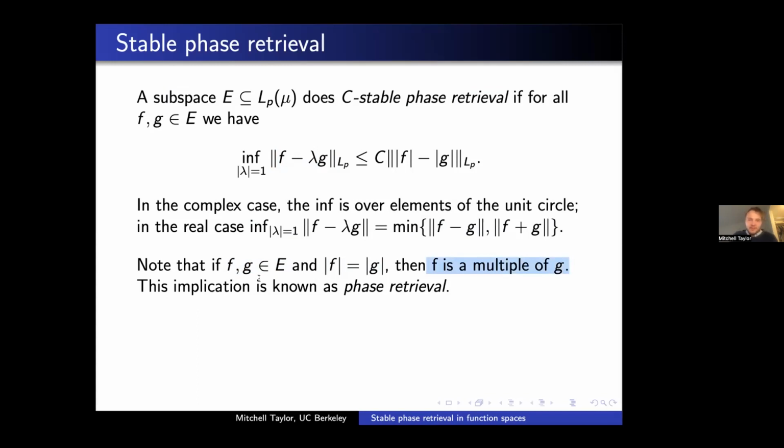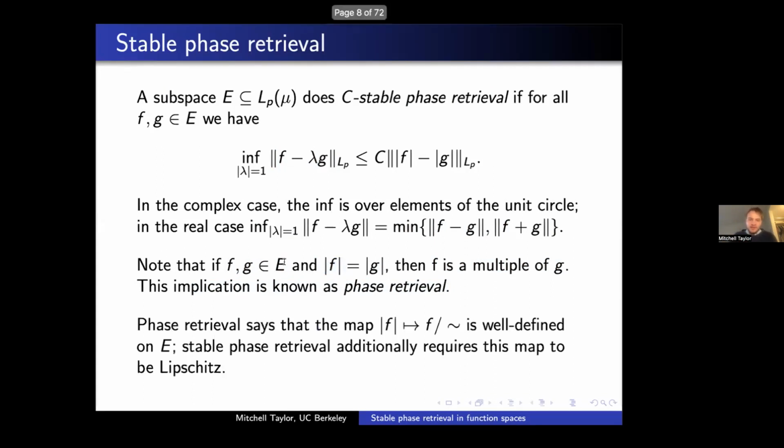And this type of implication is known as phase retrieval, because all you have access to is the magnitude of f. And then within this subspace, the magnitude of f determines the function up to the unavoidable ambiguity of, if you have a subspace, I can multiply by scalars, and unimodular scalars won't change the absolute value of a function, right? So phase retrieval is the study of recovering phases up to a global parameter that's usually unavoidable.